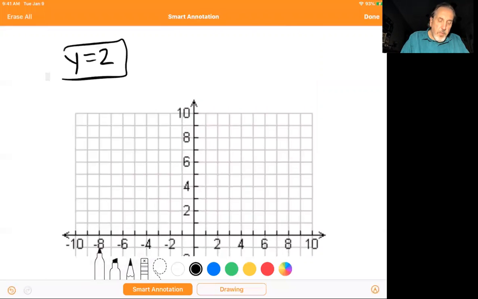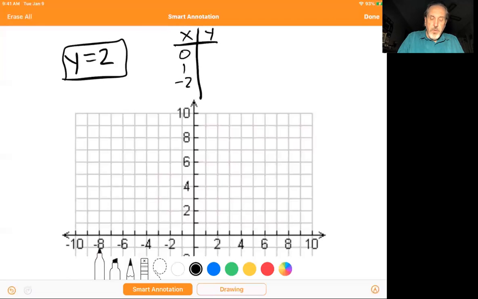Now, ladies and gentlemen, when you have an equation where it only has one variable, whether it's x or y, what that's telling you is it doesn't matter what the x value is. In this case, it doesn't matter what the x value is, y will always be 2. So if you wanted to make a table of values, x's and y's, you can pick your values for x, like 0, 1, -2. Y is going to be 2 for all of them.